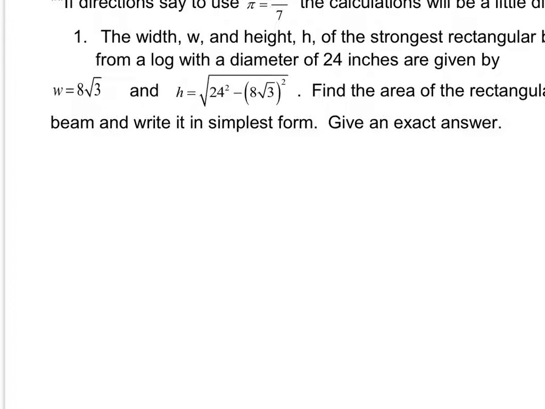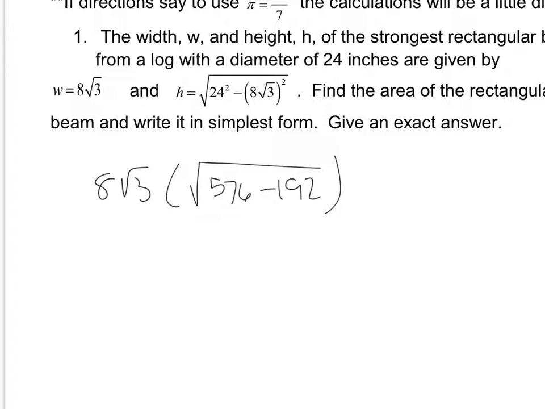So you get 8 squared 3 times square root. Now, you have to multiply these out. You can't just get rid of the squared. So that's going to be 576 minus 192.